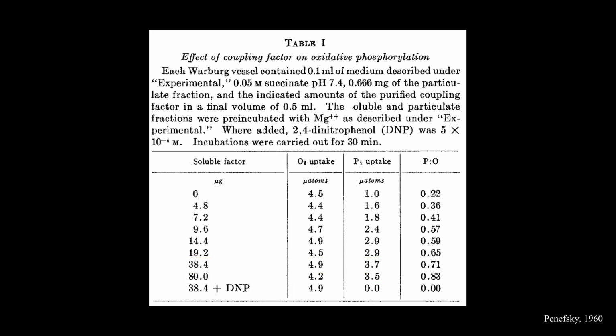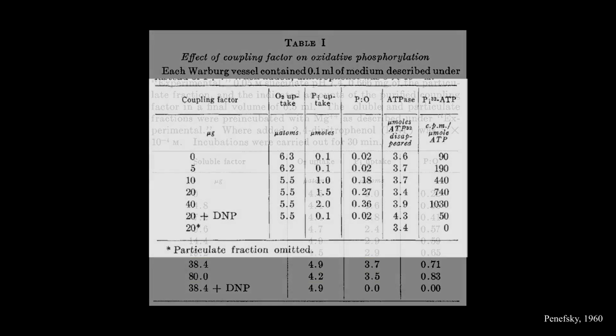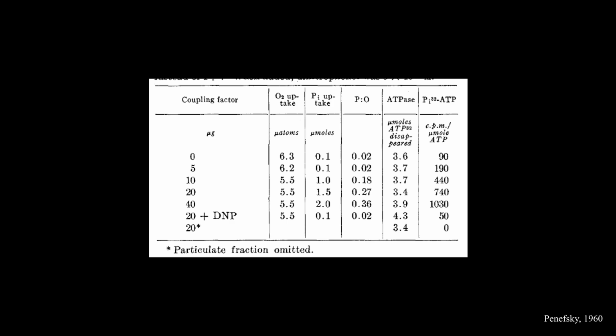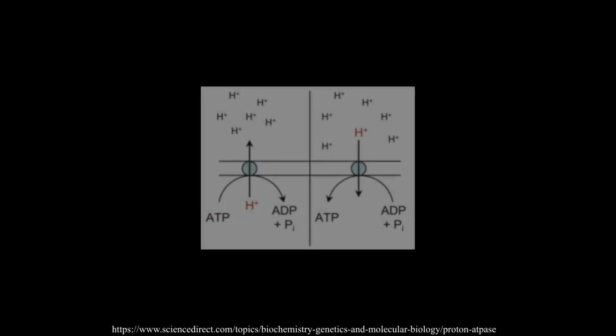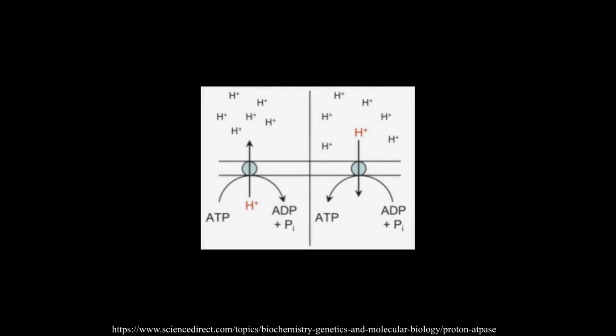They also wanted to confirm that it was ADP that was phosphorylated in this reaction, so they repeated their experiments using radioactive phosphate, so P32, and found that ATP-containing phosphate 32 increased significantly with addition of coupling factor. And so these results suggested that a single enzyme was responsible for the hydrolysis of ATP into ADP and phosphate, and for the synthesis of ATP from ADP and phosphate, and confirmed that ATPase was the coupling factor.